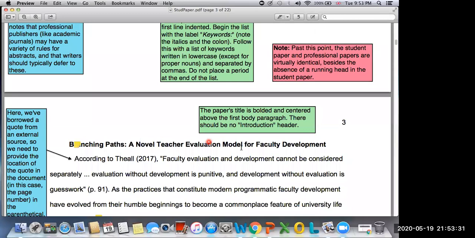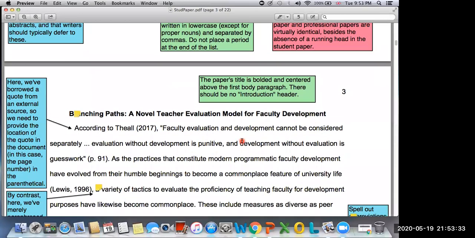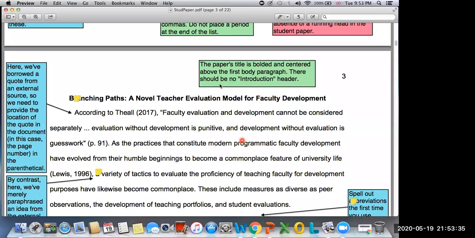Okay. Again, page number 3 here, we put the title bolded and centered above the first body paragraph. Okay, there should not be an introduction header.